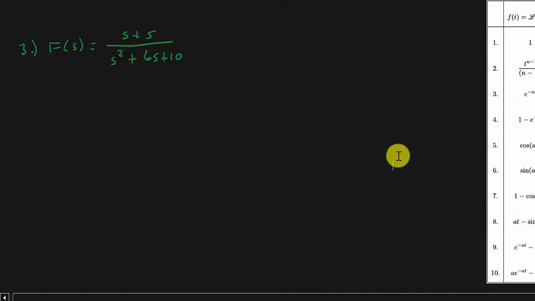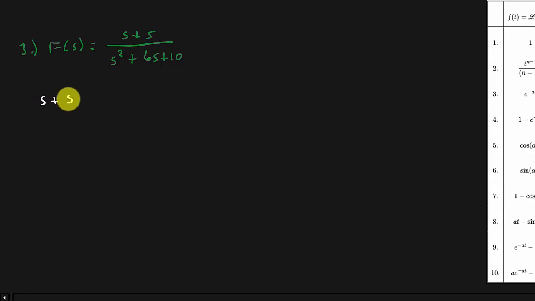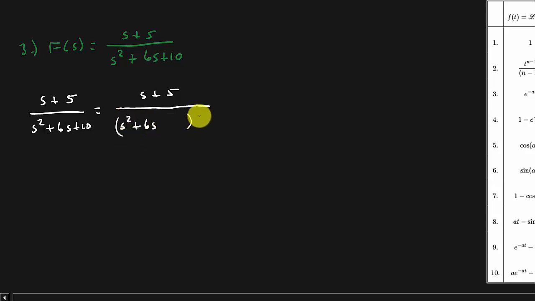So the first thing that I might try to do is s plus 5 over s squared plus 6s plus 10. That's equal to s plus 5 over s squared plus 6s plus 10. Now let me ask you this.